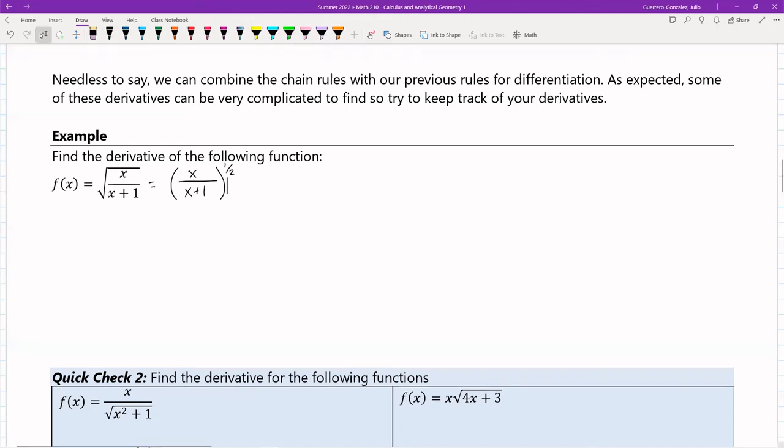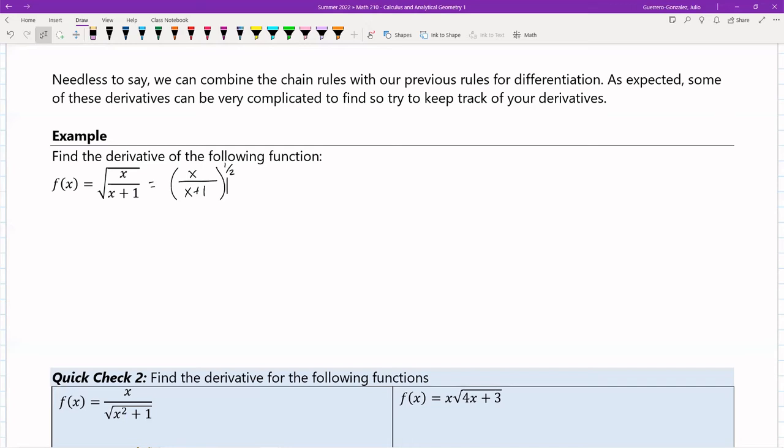Maybe some of you have already been thinking about this: you can distribute the square root to the top and the bottom and just use the quotient rule. That's perfectly fine as well. I'm just doing it this way to show you the quotient rule and the chain rule, and how the different methods can work.